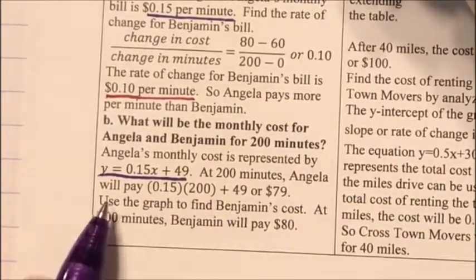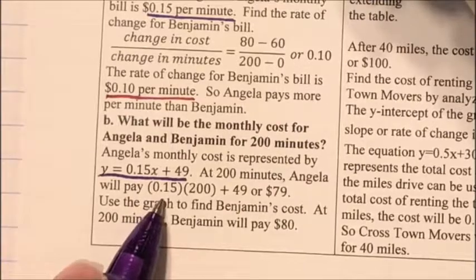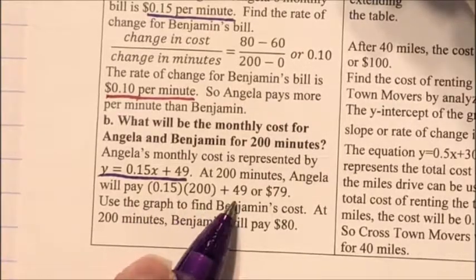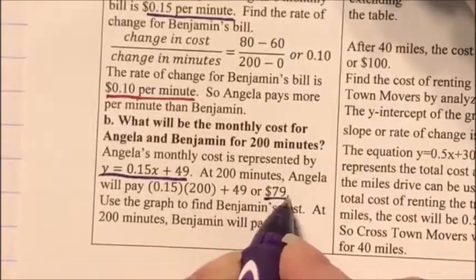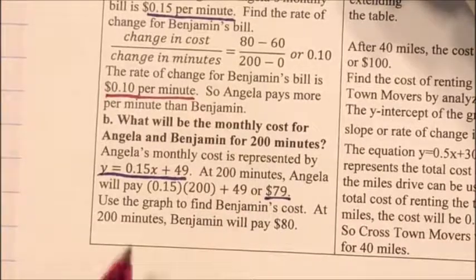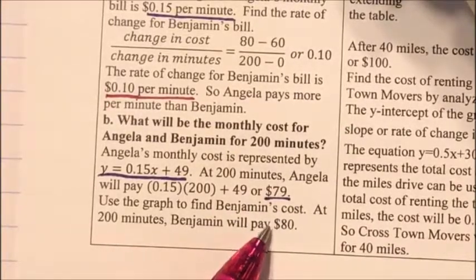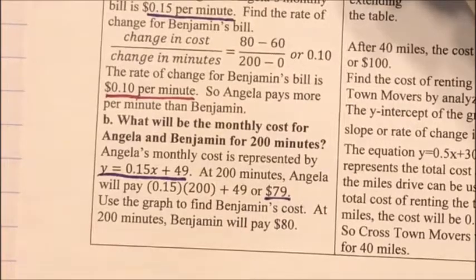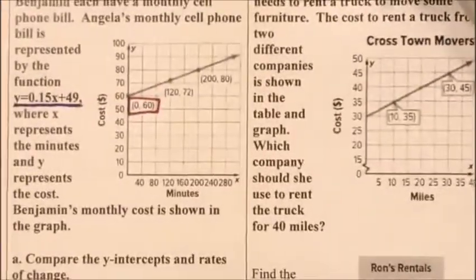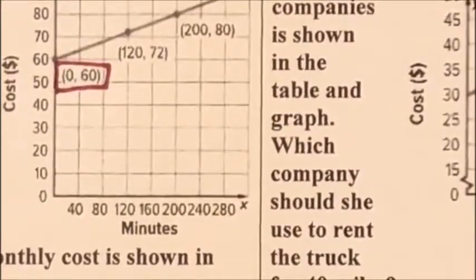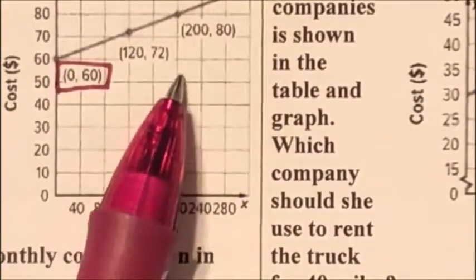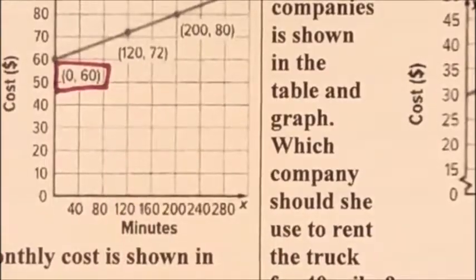At 200 minutes, Angela will pay 0.15 times 200 plus 49, or $79. I can use the graph to find Benjamin's cost. At 200 minutes, according to my graph, so here's my graph. At 200 minutes, Benjamin will pay $80.